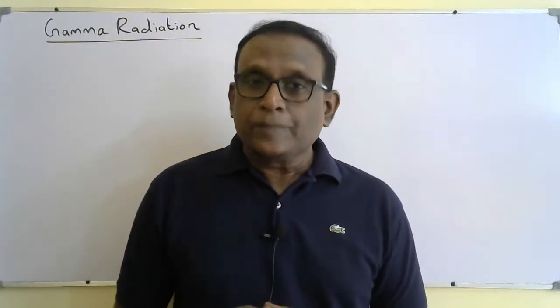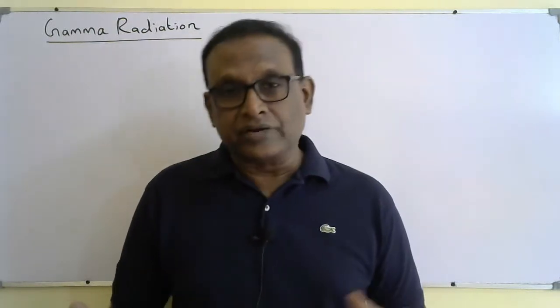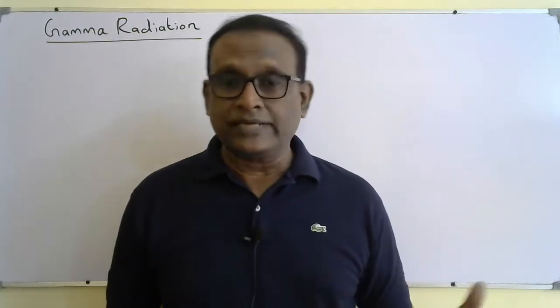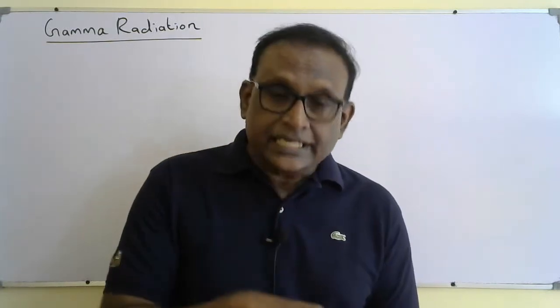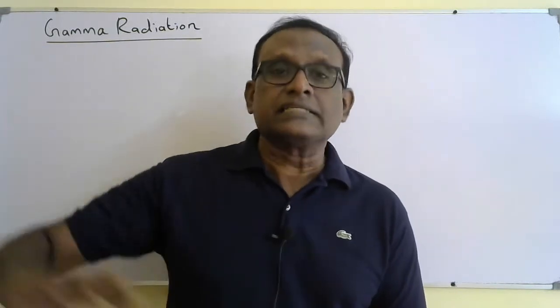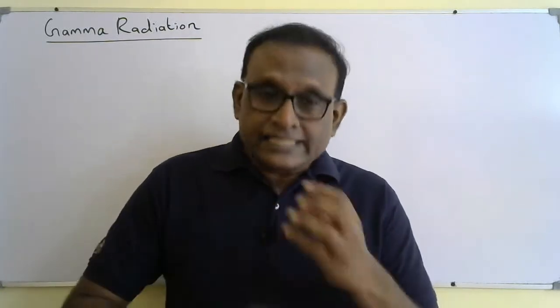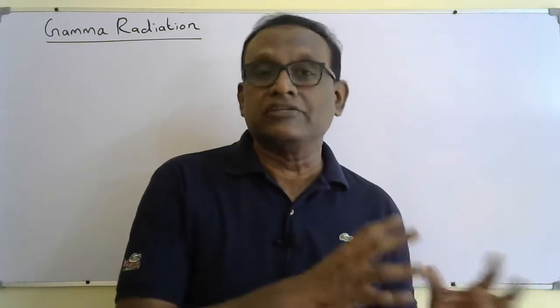So whenever a nucleus decays, it could be alpha decay or beta plus or beta minus or even artificial transmutation, whatever happens, the existing nucleons, after throwing away certain elements, will be rearranged themselves to get the most stable configuration.